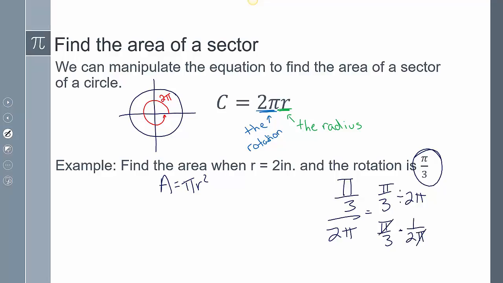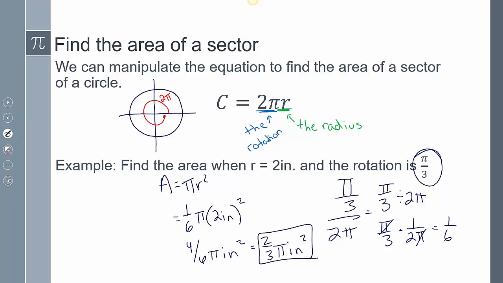Those are going to cancel out, and I'm going to get 1 over 6. So I'm going to get 1 over 6 times pi times radius squared. And so that's going to give me 4 over 6 pi inches squared, or 2/3 pi inches squared. And you can enter that in your calculator, and you're going to get what your area is going to be.